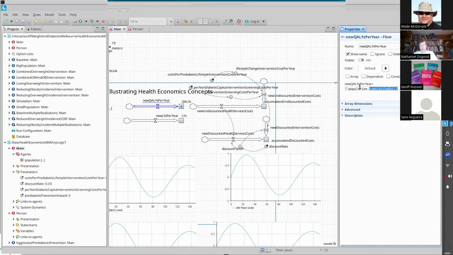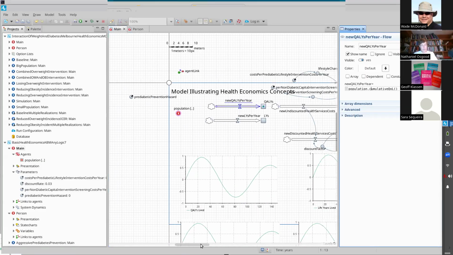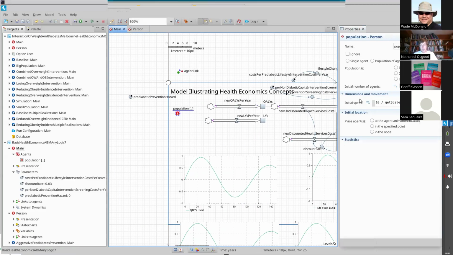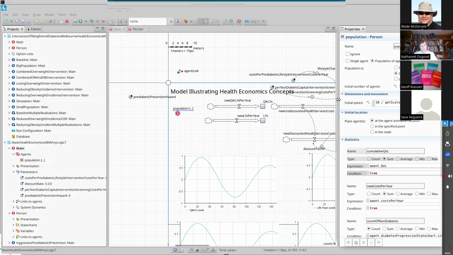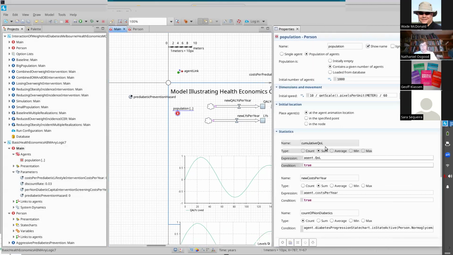Where is this calculated? Well, it's calculated in a place we're very familiar with things being calculated. It's statistics. So if we go to cumulative quality of life, here, it's in population because it's a statistic. We would go see cumulative quality of life, just the sum over the population, mind you. Saying cumulative is potentially inviting confusion here.